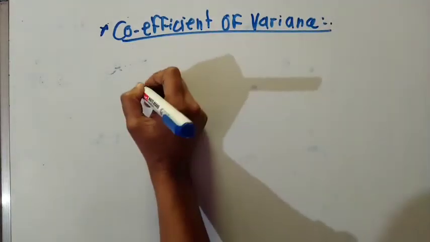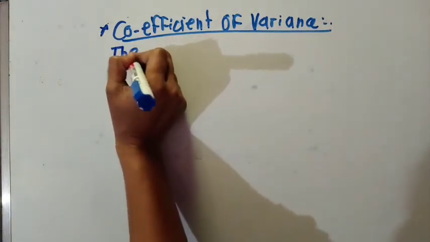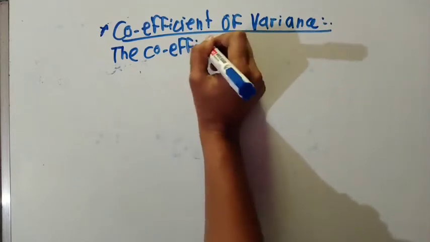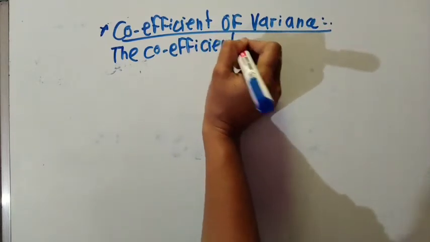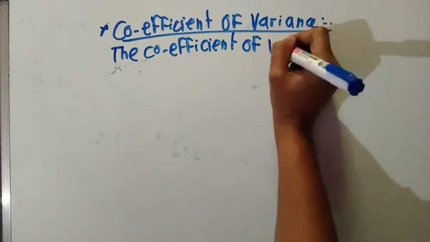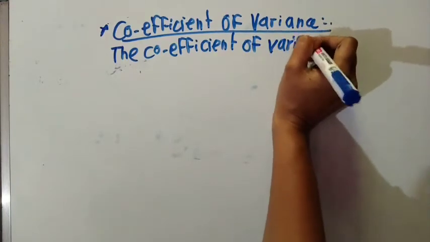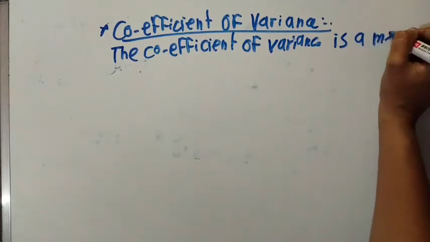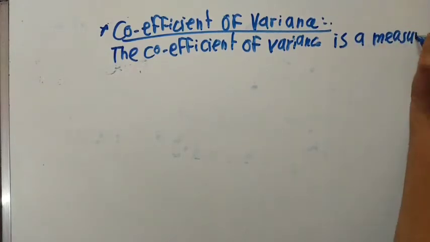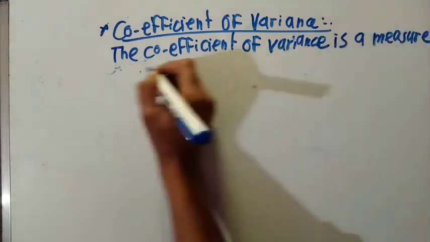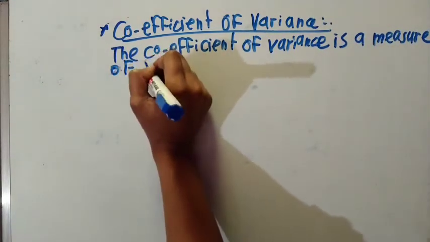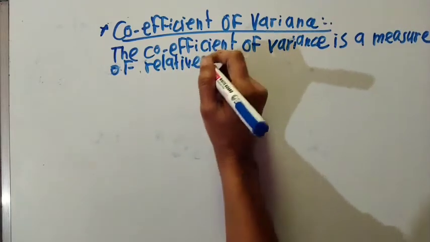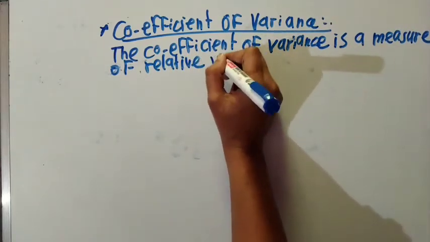Coefficient of variance is a measure of relative variability.